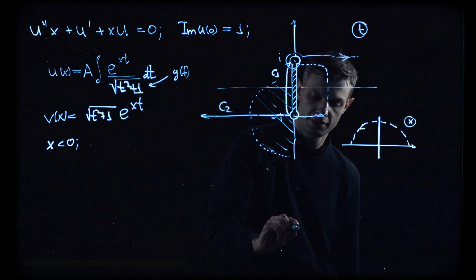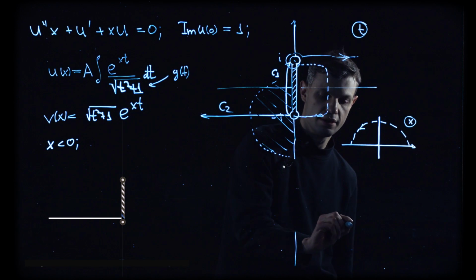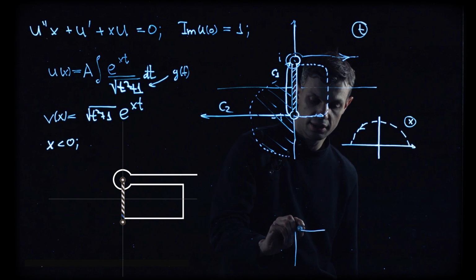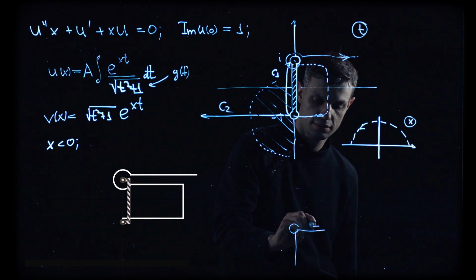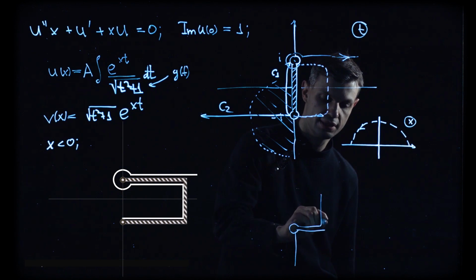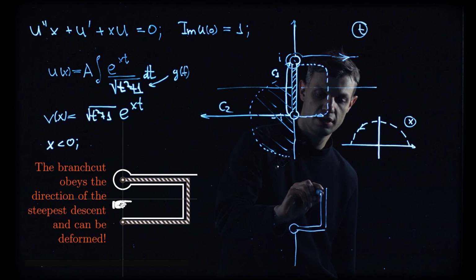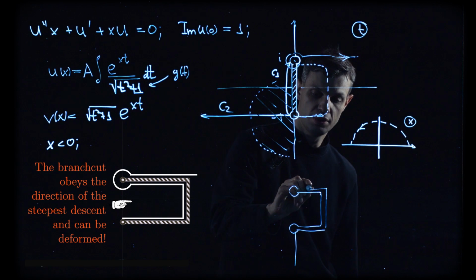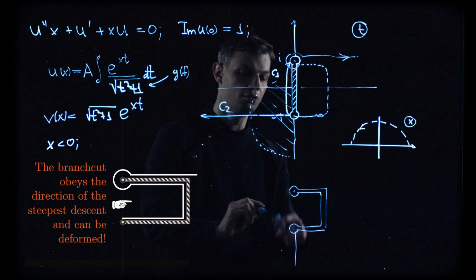Another possible interpretation of the same thing would be just to deform the branch cut, so make it obey the direction of the steepest descent. You can draw a branch cut like this. You bend it into the steepest descent direction. This is suitable, and you don't have to think about the lower Riemann sheet.